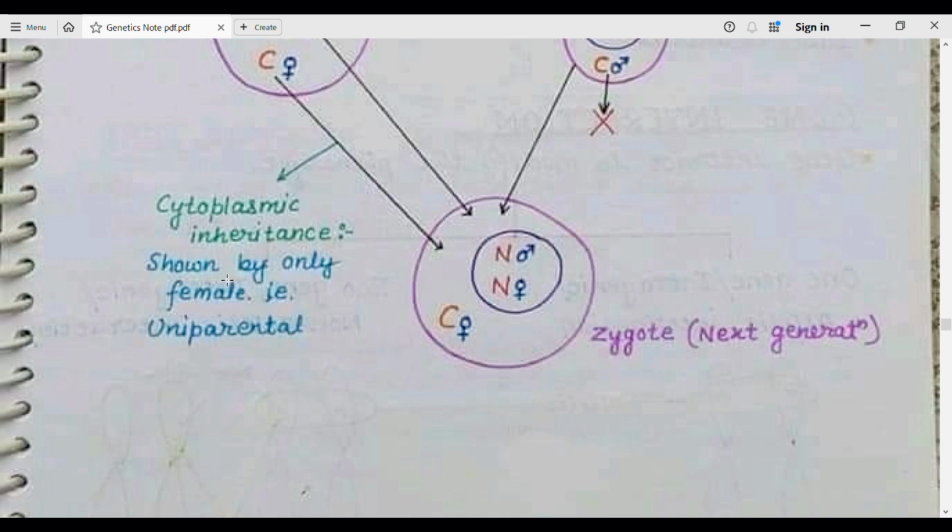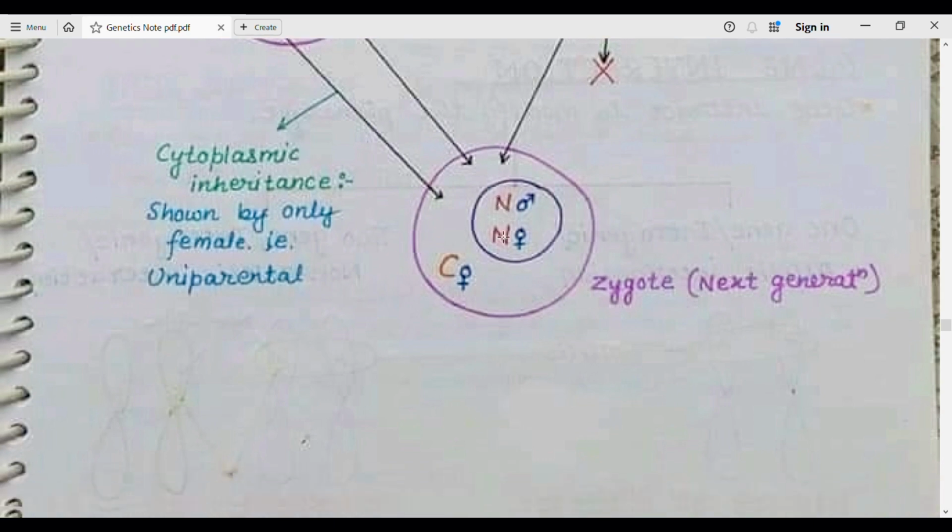Cytoplasmic inheritance is shown only by the female, that is, it is uniparental. From this cross we can easily conclude that most of the cytoplasm of the female gametes is used, while male gametes have less cytoplasm and no cytoplasmic genes.